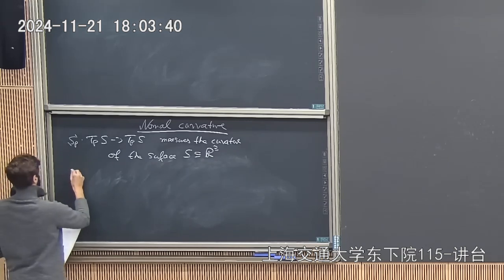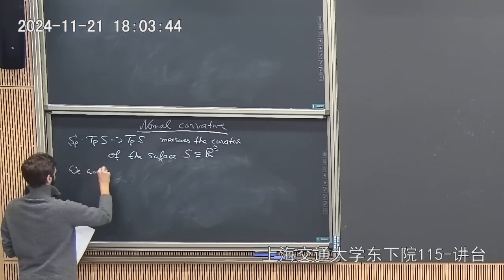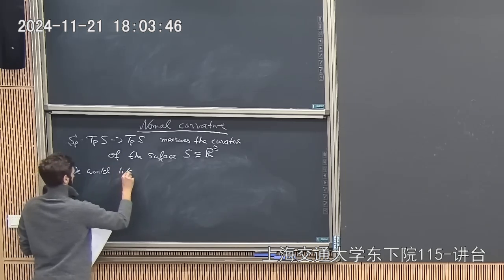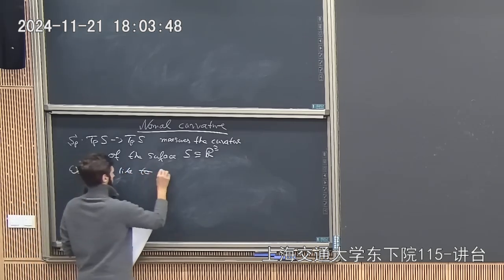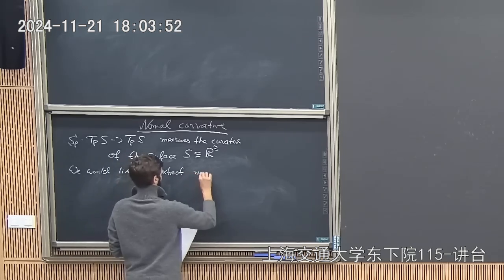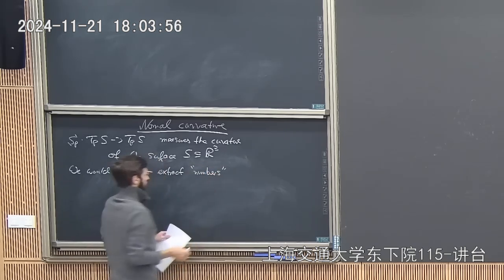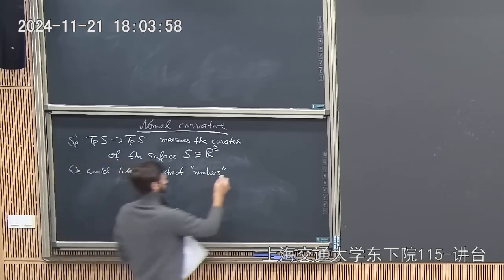But that's a linear operator. So we would like to extract numbers from that linear operator.